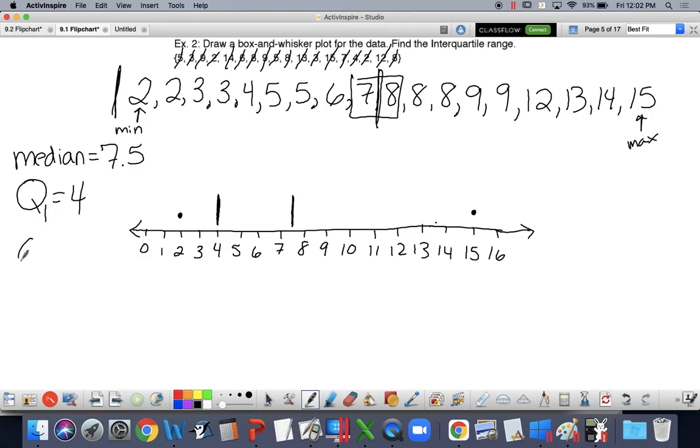Let's find Q3, the middle of the top half of my data set. I get 9. So that is where the box is going to end there. I draw my box, and I draw the whiskers.